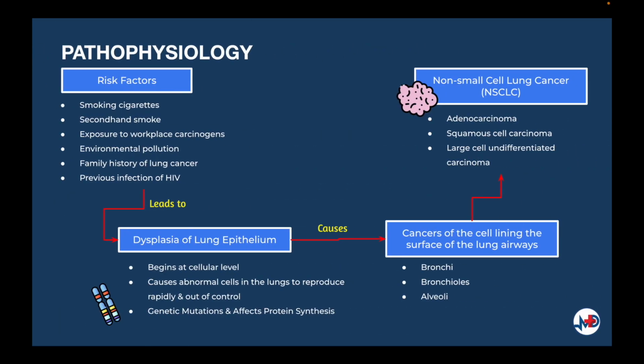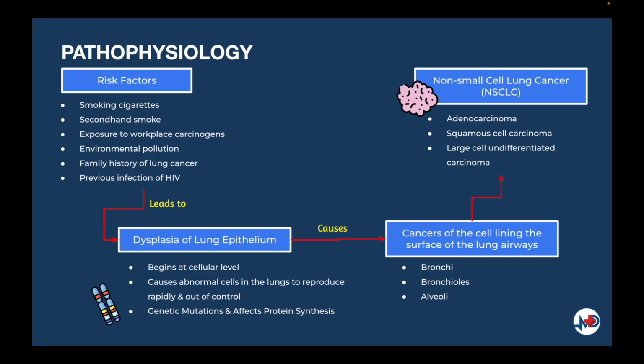The pathophysiology of lung cancer is very complex and incompletely understood. It is hypothesized that repeated exposure to carcinogens, cigarette smoke in particular, leads to dysplasia of the lung epithelium. If the exposure continues, it leads to genetic mutations and affects protein synthesis. What is non-small cell lung carcinoma?